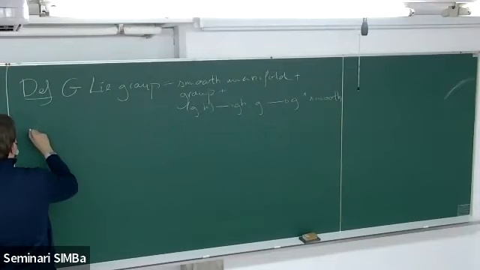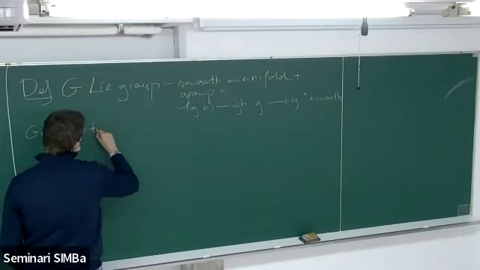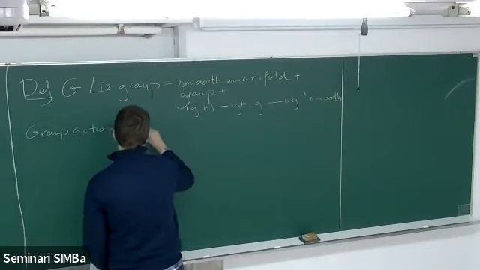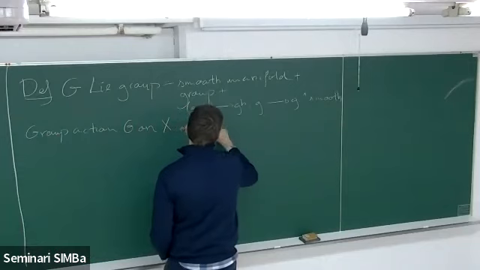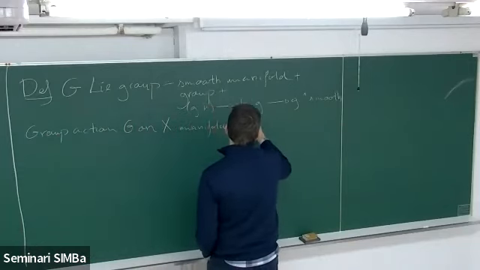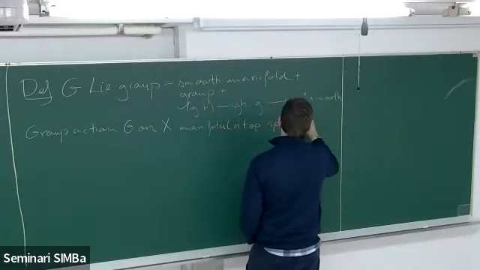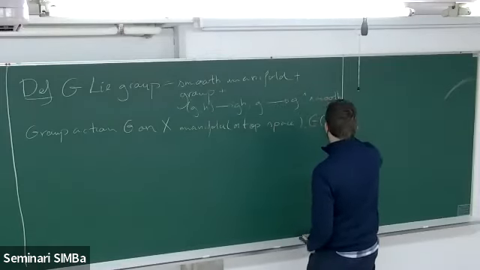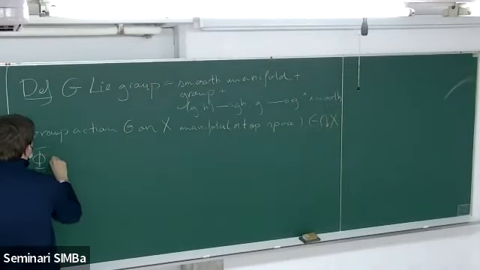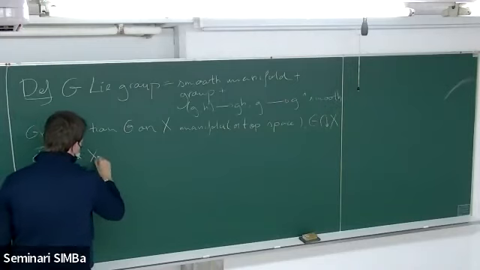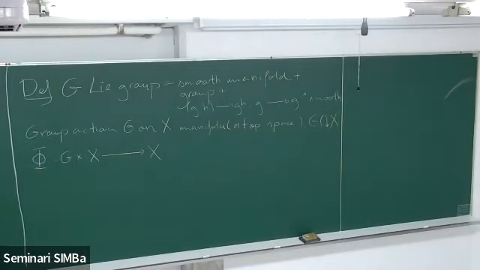So then a group action of G on X, a manifold, or if you want, only working in the continuous setting at the topological scale, is a continuous map which behaves well with respect to the group operations that we have there.